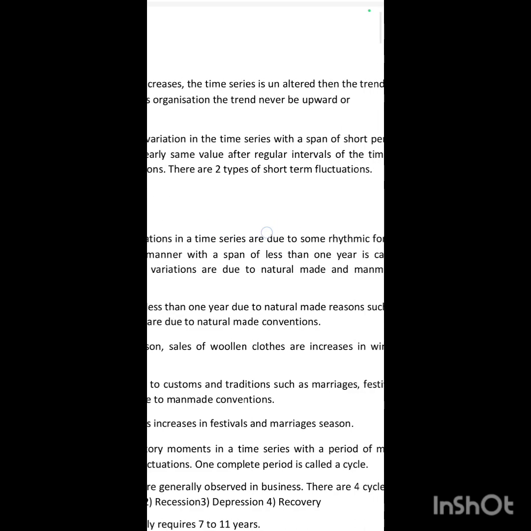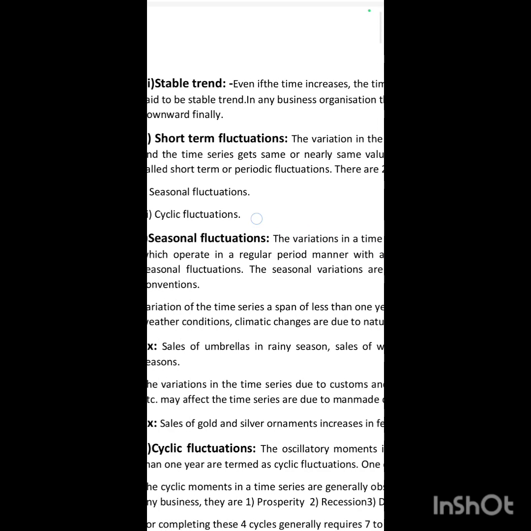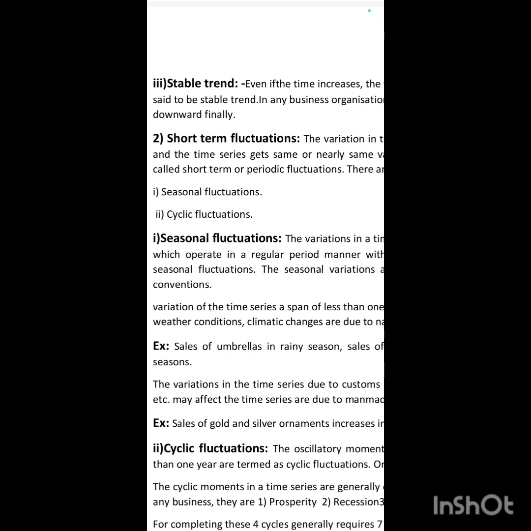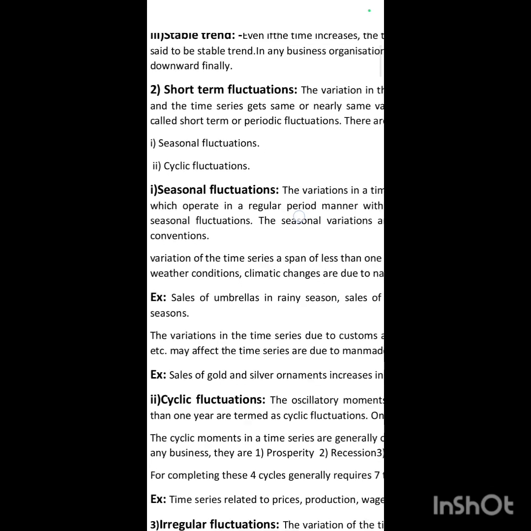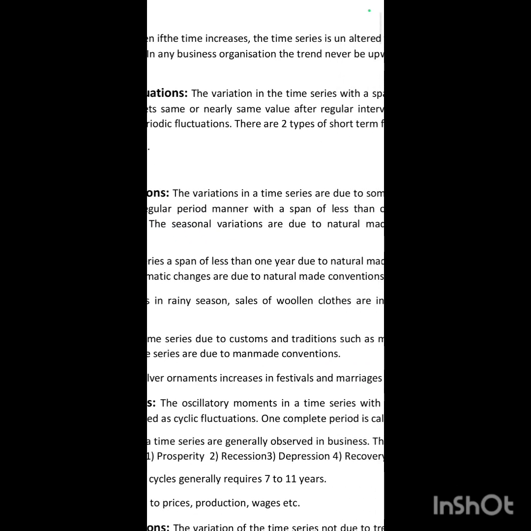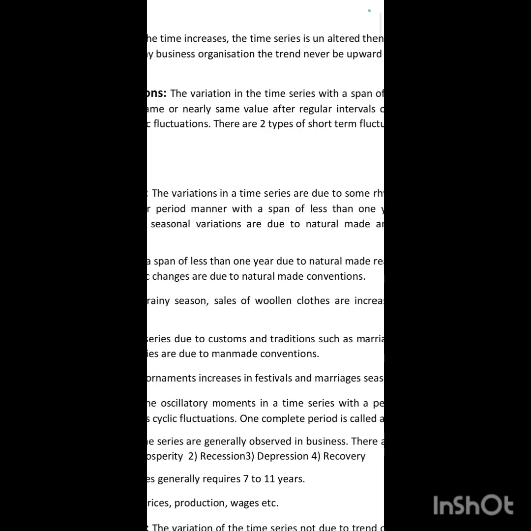In any business organization, the trend is never finally upward or downward; sometimes it may be stable. If you don't get any profit or loss, the business is said to be stable. So that type of trend comes under this, and this is called the stable trend. This is the first factor of the time series.